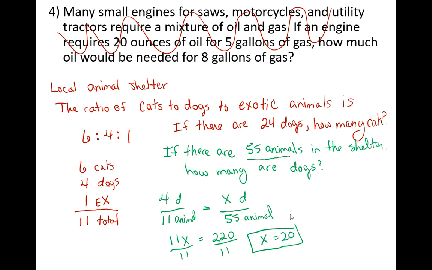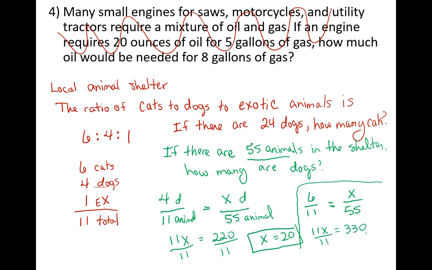How many would we expect to be cats? Well, if I wanted to know how many cats, I would say, well, 6 out of every 11 animals is a cat. So if there's a total of 55 animals, how many do I think will be cats? 11x. 55 times 6 is 330.